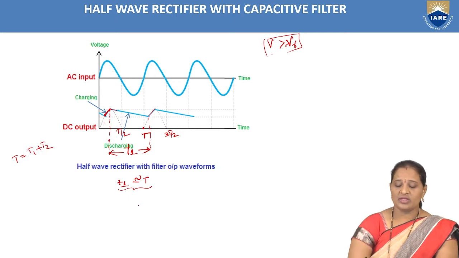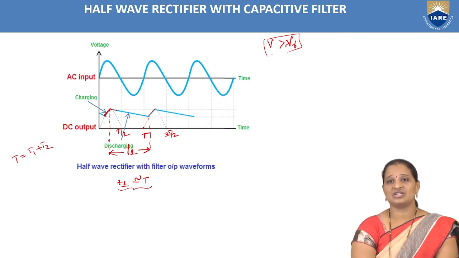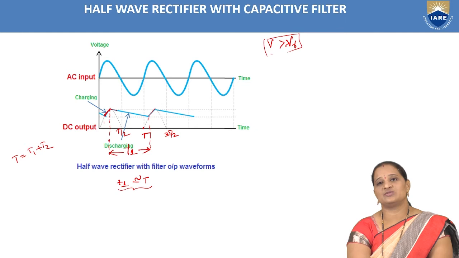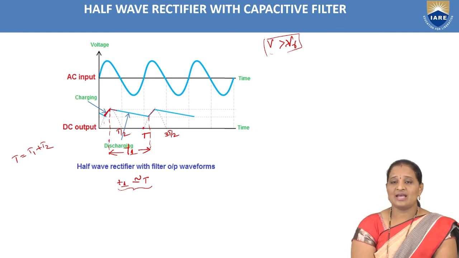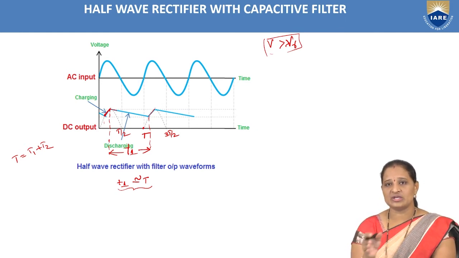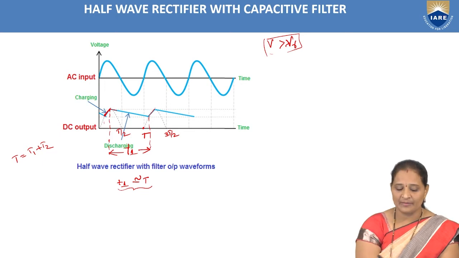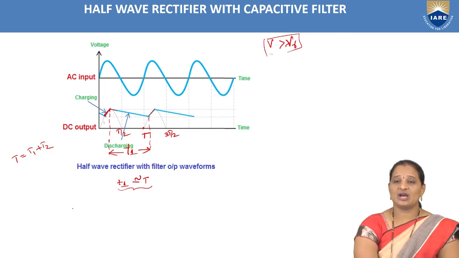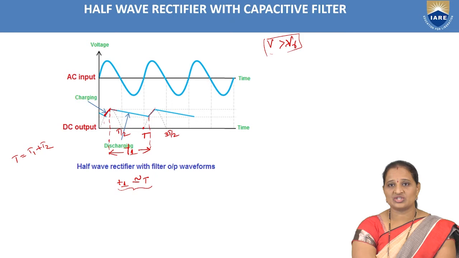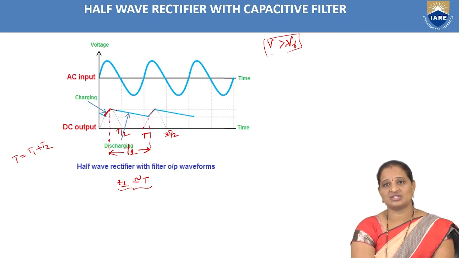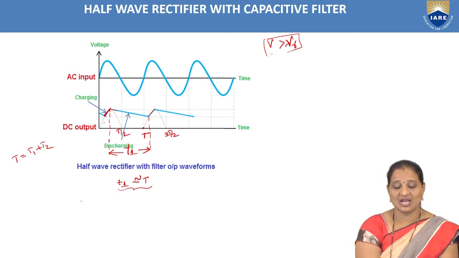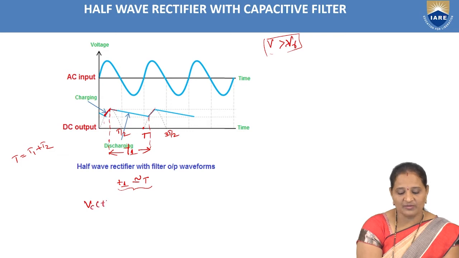Now we know that the capacitor charges and discharges exponentially. Discharging means it is losing charge, so the voltage decreases exponentially. The voltage across the capacitor during the discharge is represented by Vc of t, discharging from Vm.